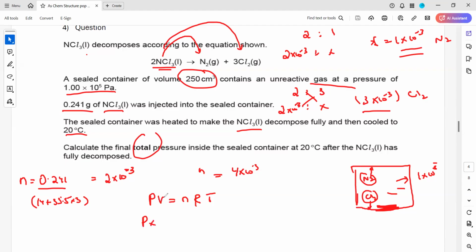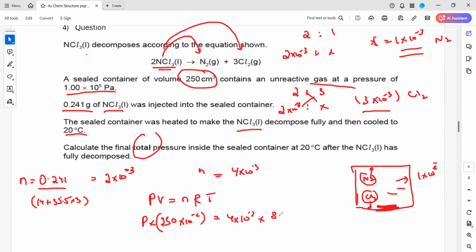So P is the pressure, V is the volume of the container, which is 250 cm³. We have to convert into m³, so it should be divided by 1 million, so it will be 250 × 10^-6. n is the number of moles, which is 4 × 10^-3 if I'm taking the combined.